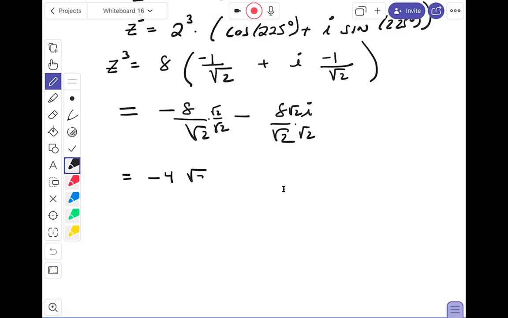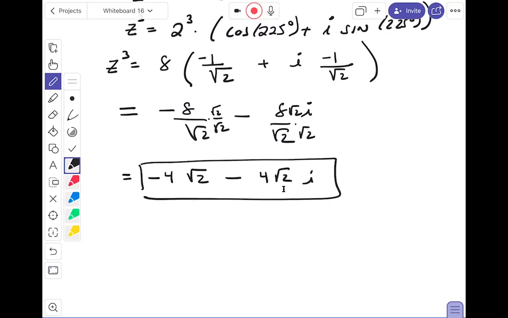So minus 4 root 2 minus 4 root 2 i. All right, I'm going to recommend looking at the answer key and seeing if that answer is staring at you. And I'm seeing it. Yeah, but I'm carefully looking at it, by the way. I'm definitely seeing it. And again, I'm not beyond making errors.